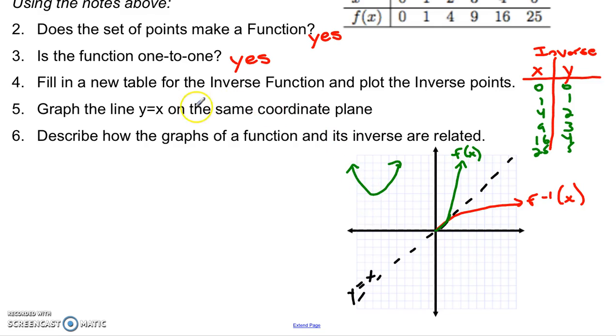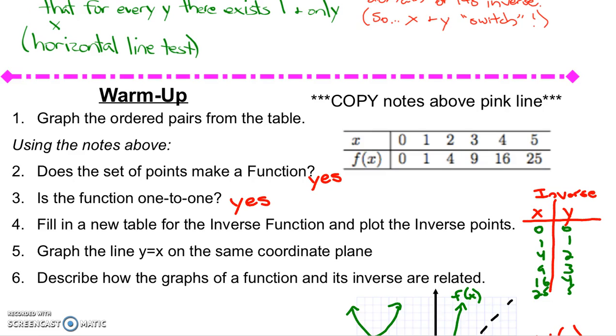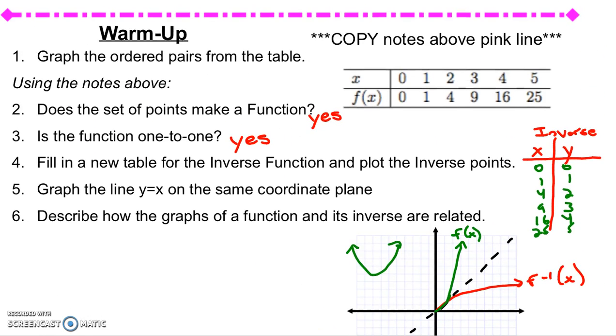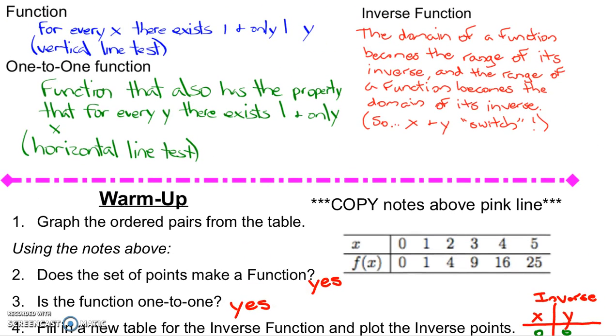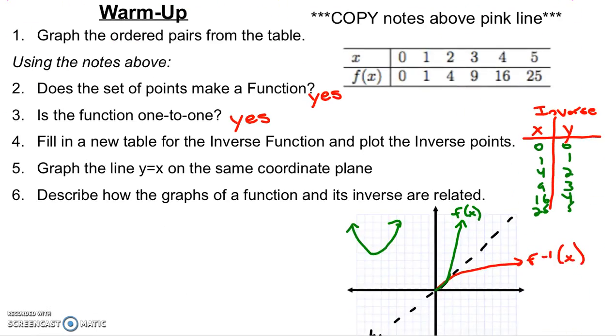Okay, so once we made a new table, this is the table for the inverse. All I did was what it said in the directions above in red, which was just to switch the x and the y. And so that's simply what you should do.